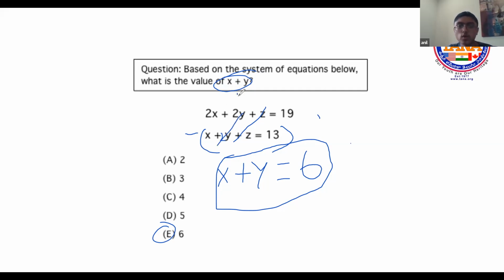Or say this was 4, and this was 2z and 2y, and this was also, no, let's say 6. And then you just multiply the whole thing by 4. Then you can find out what one individual variable is. But when it's like this, there just isn't enough information. Okay, thank you.